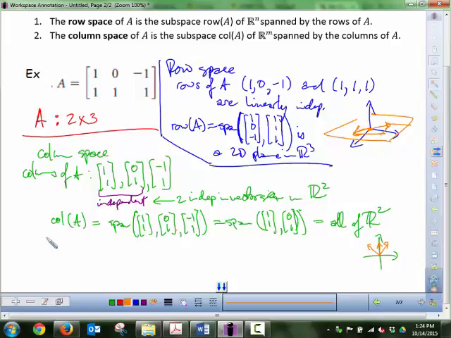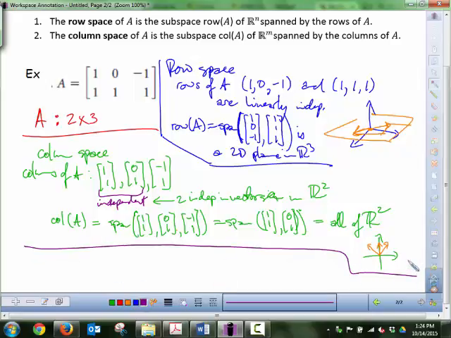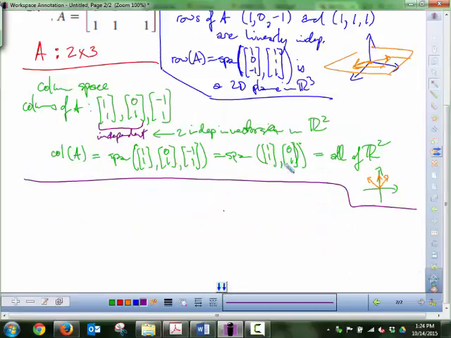Can't rely on that, so we need some mechanics on how to actually do these problems, or how to find the row space and the column space. And to find a row space and column space, what we're interested in is to really pare down, just slim down the number of vectors. If they're linearly dependent, we want to trim them down to just as many vectors as what's needed.